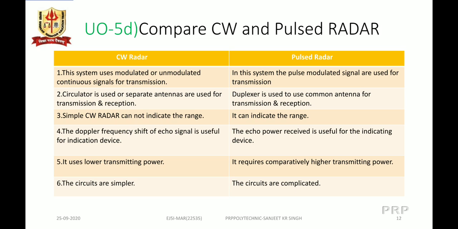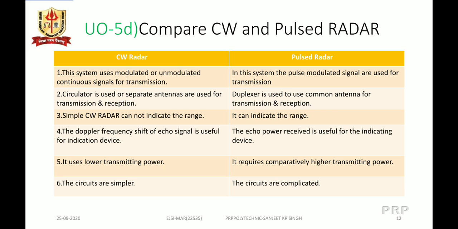Simple continuous wave radar cannot indicate the range, which is a drawback, whereas pulse radar can indicate the range. The Doppler frequency shift of the echo signal is useful for the indicating device in continuous wave radar, whereas in pulse radar, the echo power received is useful for the indicating device.